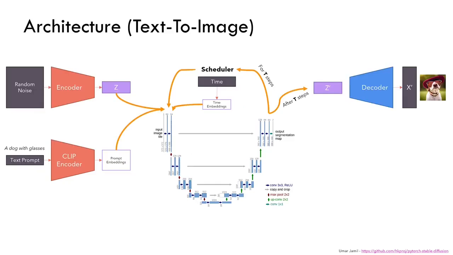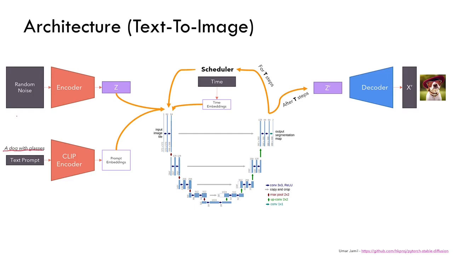Now we can finally combine all these things that we have seen together to see what is the architecture of the Stable Diffusion. Let's start with how the text-to-image works. Imagine you want to generate a picture of a dog with glasses. So you start, of course, with a prompt, a dog with glasses.